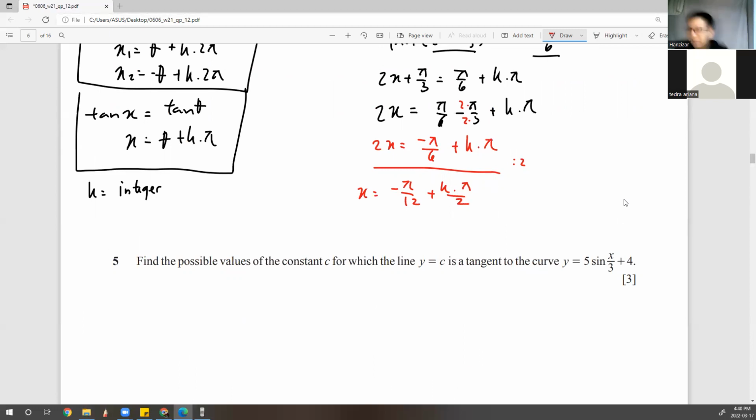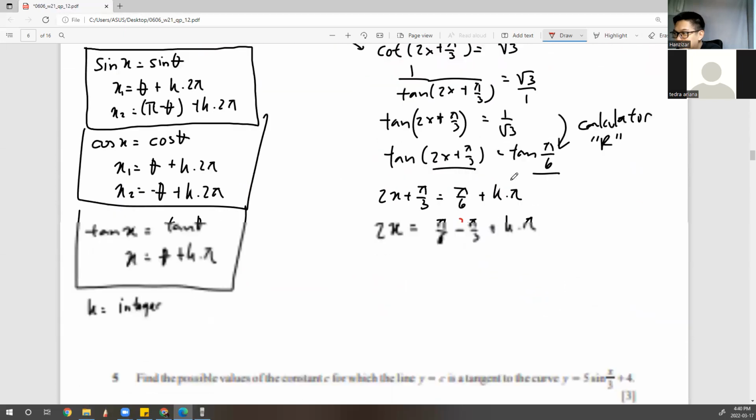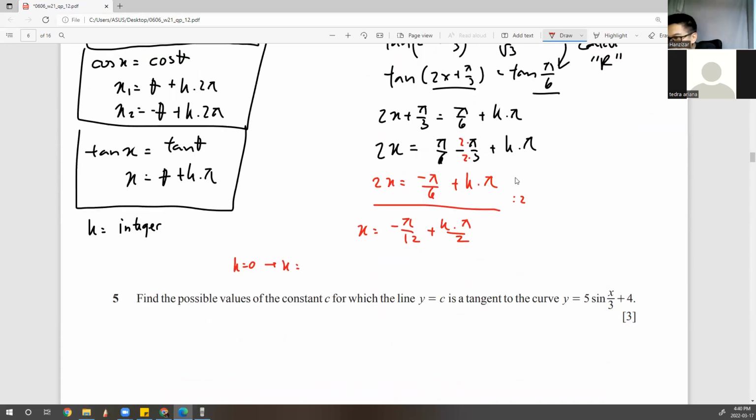Now we try to make k start from 0. If k equals 0, x will be negative, but the question is asking for negative pi less than x less than pi, so this is the range.